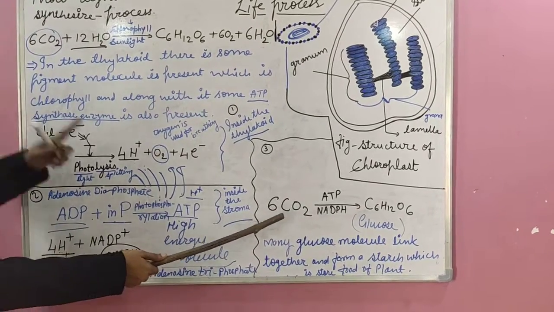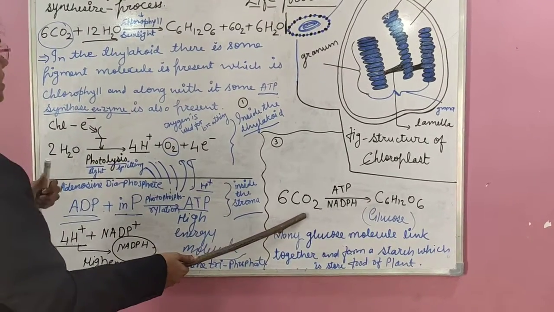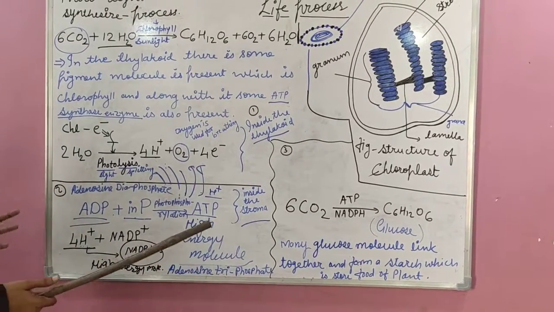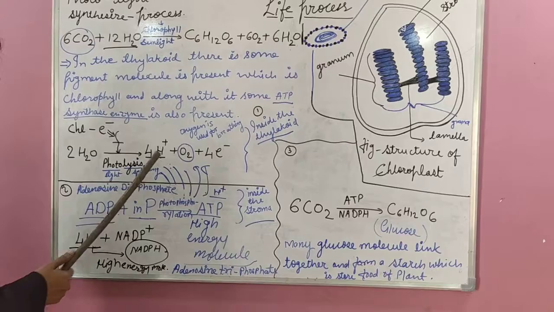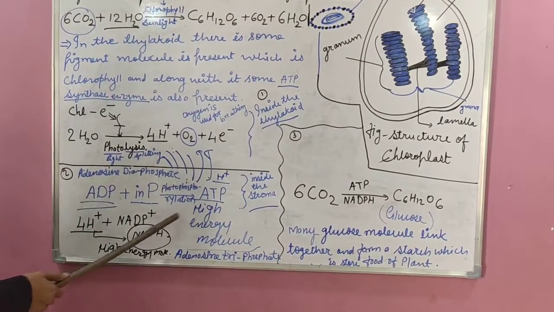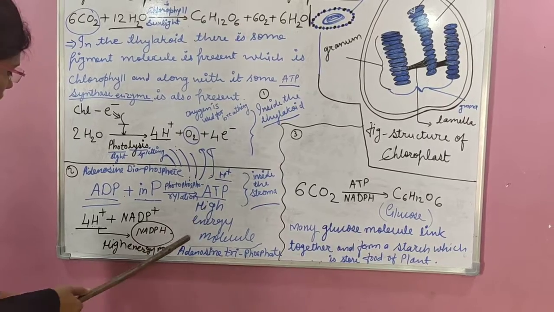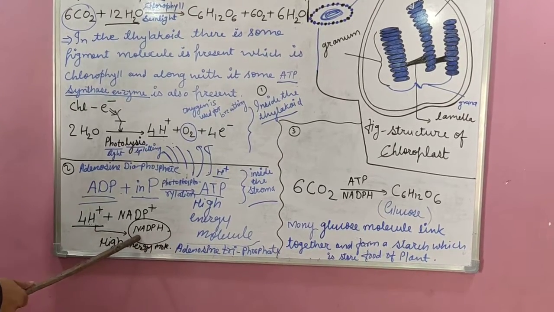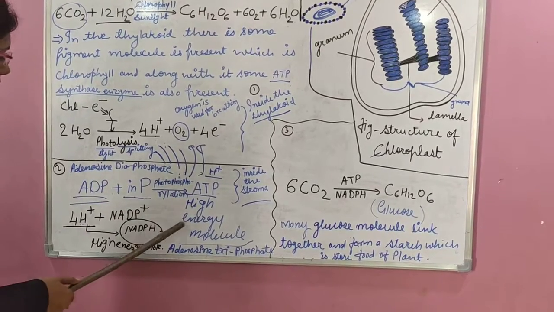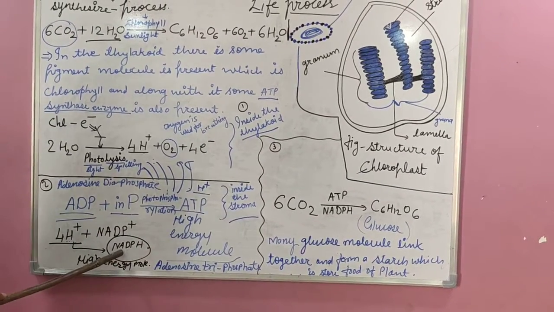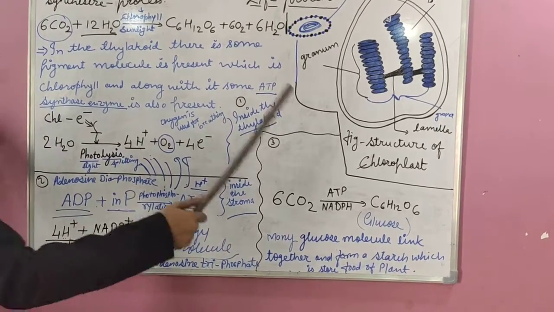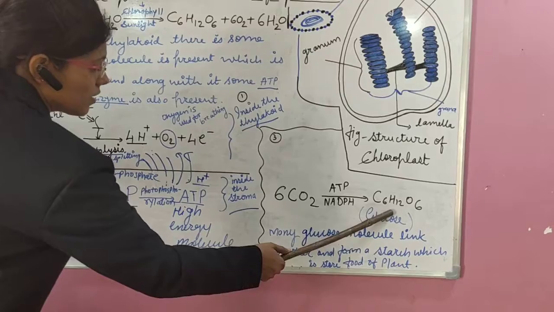So in this third and last step, we have taken 6CO2, carbon dioxide, and with it, the heroes of this process, the ATP molecule that is formed here and the NADPH molecule. Both are highly energy molecules which are used to make a carbohydrate.